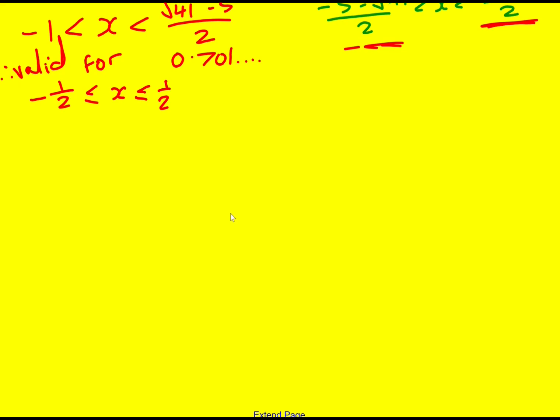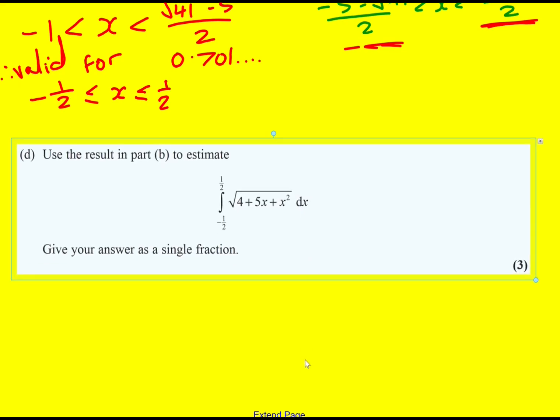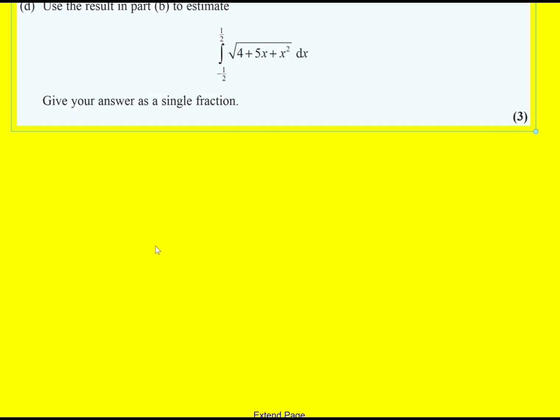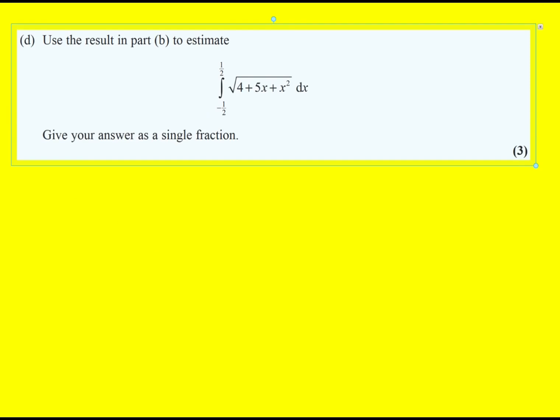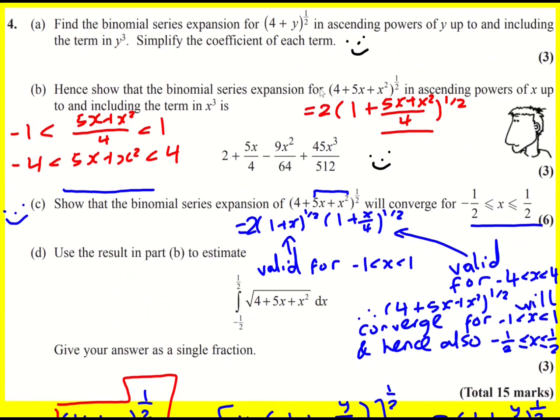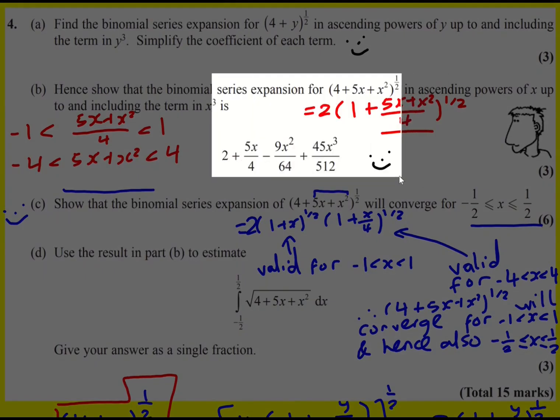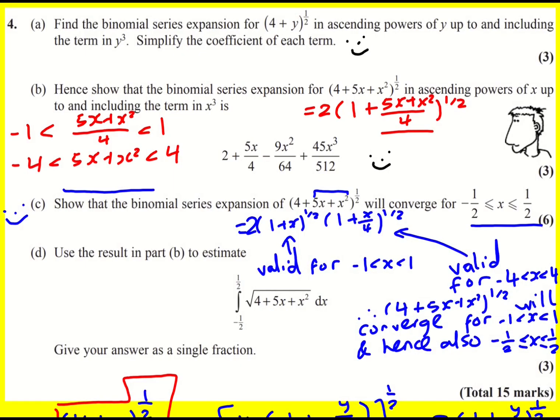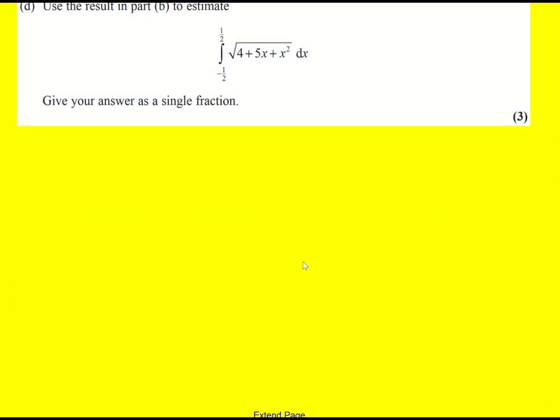Okay, that takes us finally to part D. We're asked to use the result from part B. And that was the, let me just bring that back down. The result from part B was this bit here, to estimate this integral.